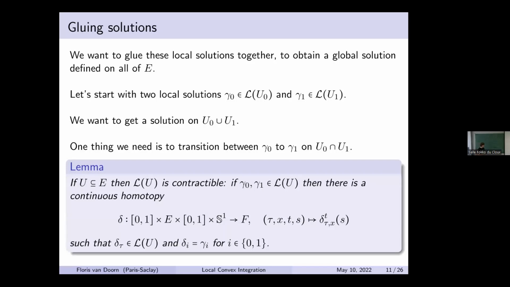So now we have a family of homotopies between these families of loops. Now we have 4 arguments. I want this continuous homotopy such that delta 0 is gamma 0 and delta 1 is gamma 1, and all these deltas for all intermediate parts are still a local solution satisfying all these properties.